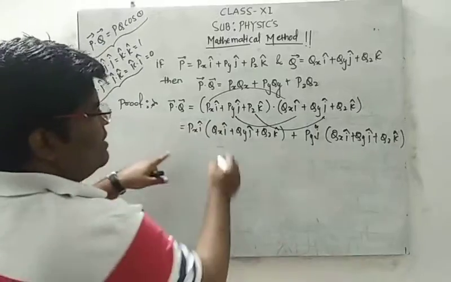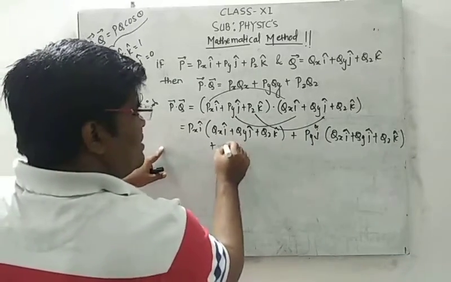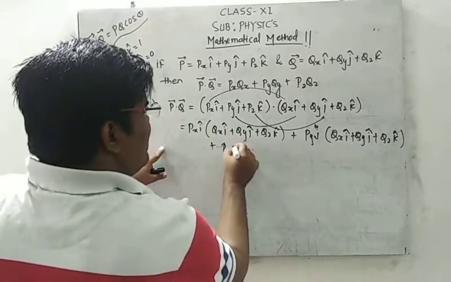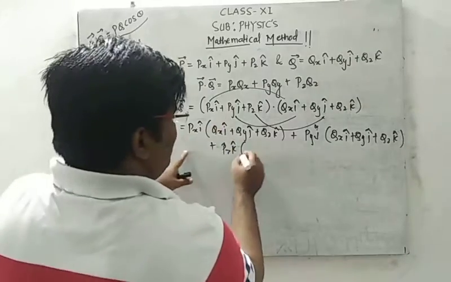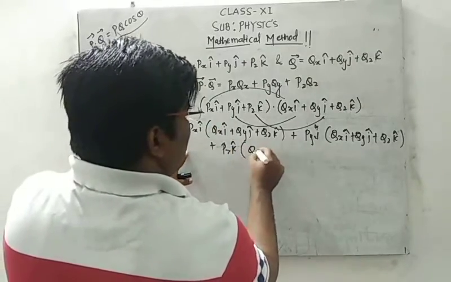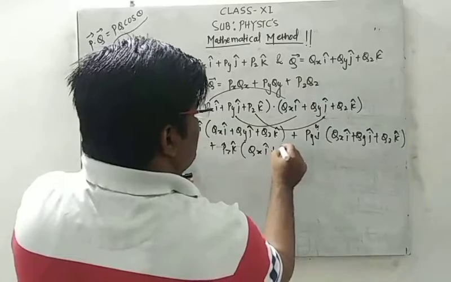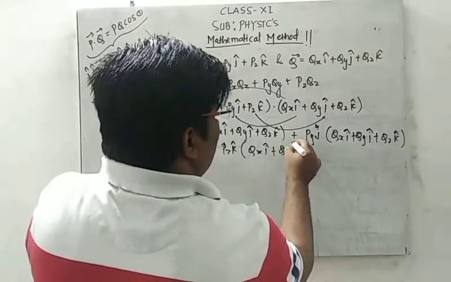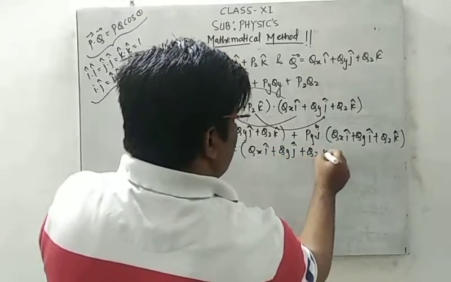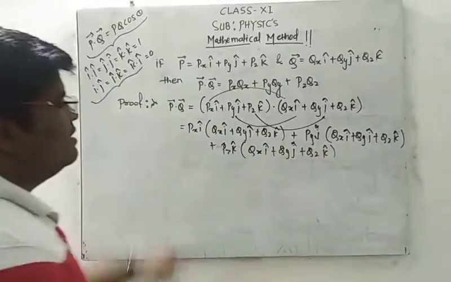And plus pz k cap, whole multiplied by qx i cap plus qy j cap plus qz k cap.